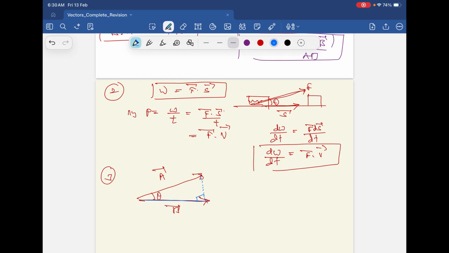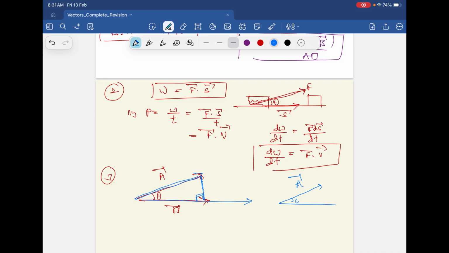This vector b bar is pointing like this, a bar is pointing like this. What is the component of a in the direction of b? On that direction you draw a perpendicular. The intercepting length is the component.